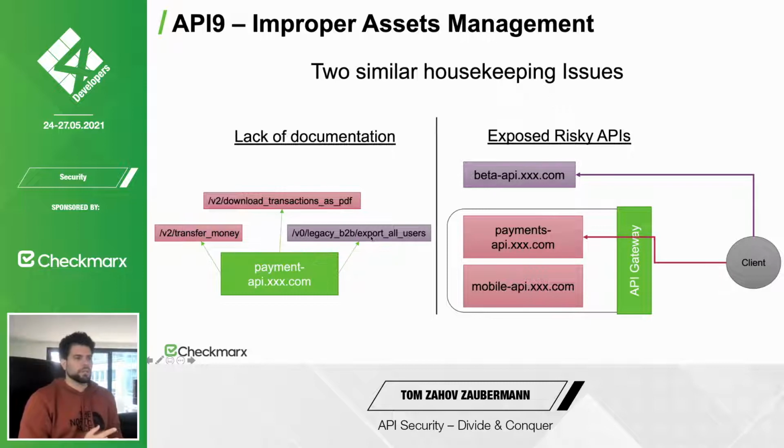And then exposed risky APIs, things like beta API or mobile API, that are super easy to guess as well. And not only that they are easy, it's also that they are open. And that's the most important thing.